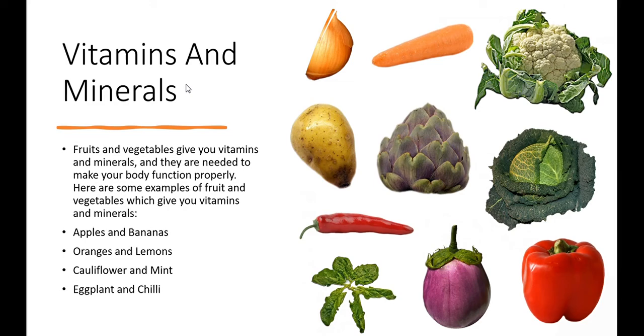And if you can see in the picture, there's onions, carrots, cauliflowers, potatoes. That's dragon fruit, I think. I don't know what that is. Cabbage, some kind of lettuce. It looks like a broccoli and a cabbage together. I don't know, actually. Looks like a cabbage.